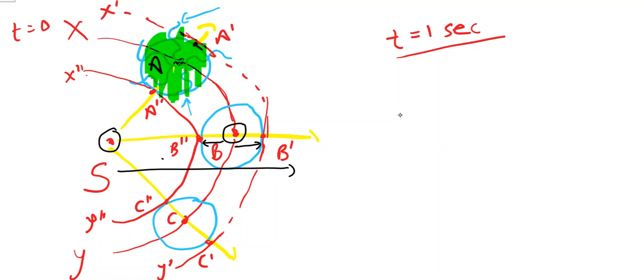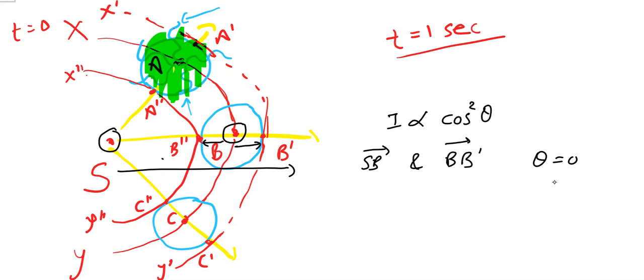I can say that consider the intensity of light to be proportional to cos square theta. So when you consider SB and BB prime, what is the angle between the two? Theta is 0, so cos theta is 1, and hence intensity is maximum.